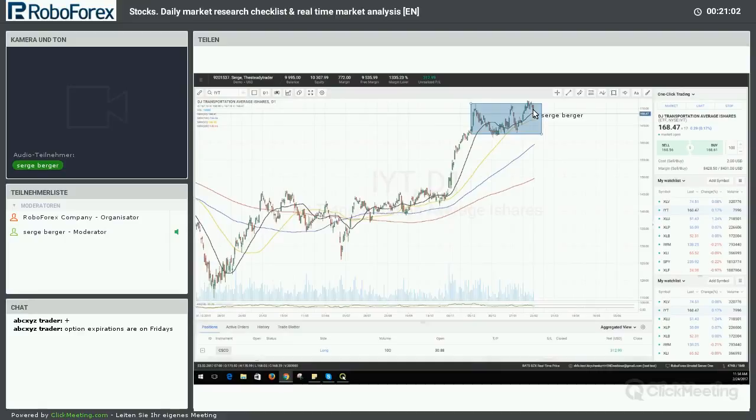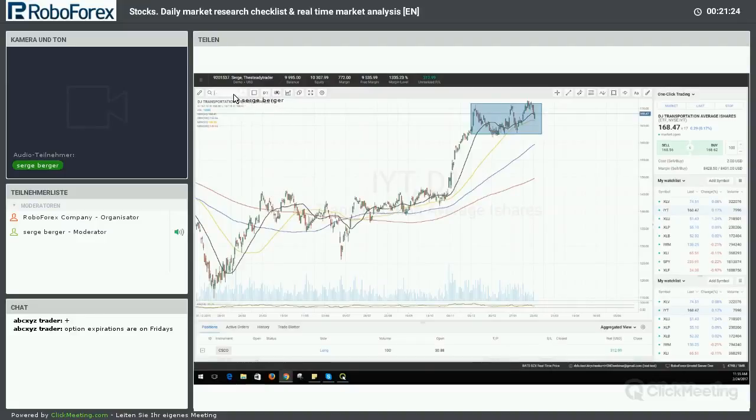But broadly speaking, we're continuing to hold the 50-period moving average, that yellow line, and we're still stuck in that range. So if you were to ask me, there's very little reason here to be doing a whole lot of trading. I think this is a market that needs to now figure out where it wants to go.